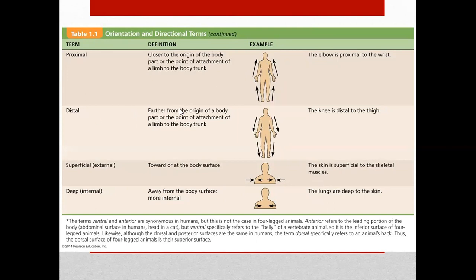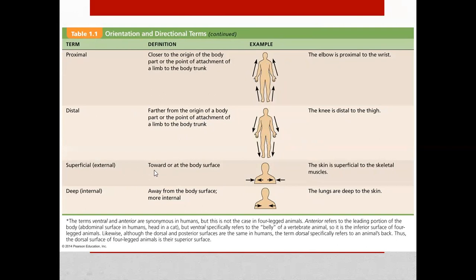Distal means away or farther from the origin of a body part or the point of attachment of a limb to the body trunk. This means away from the body. The knee is distal to the thigh. This means the thigh is proximal to the body and the knee is distal.